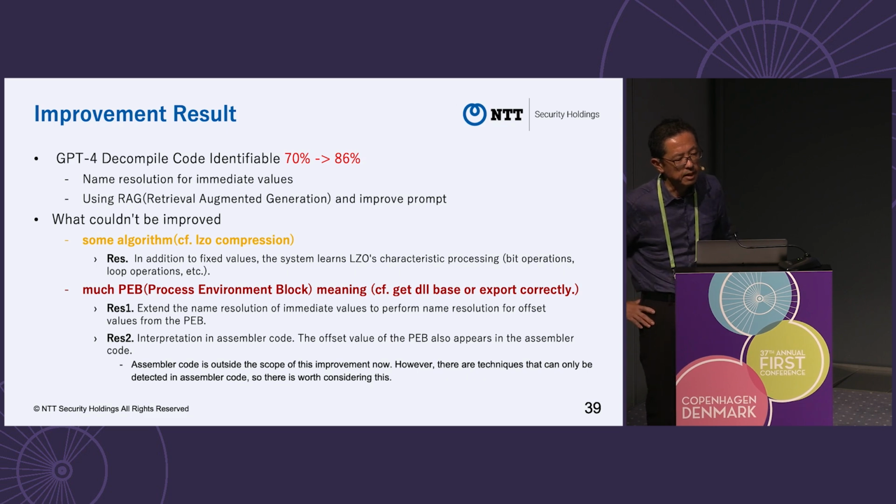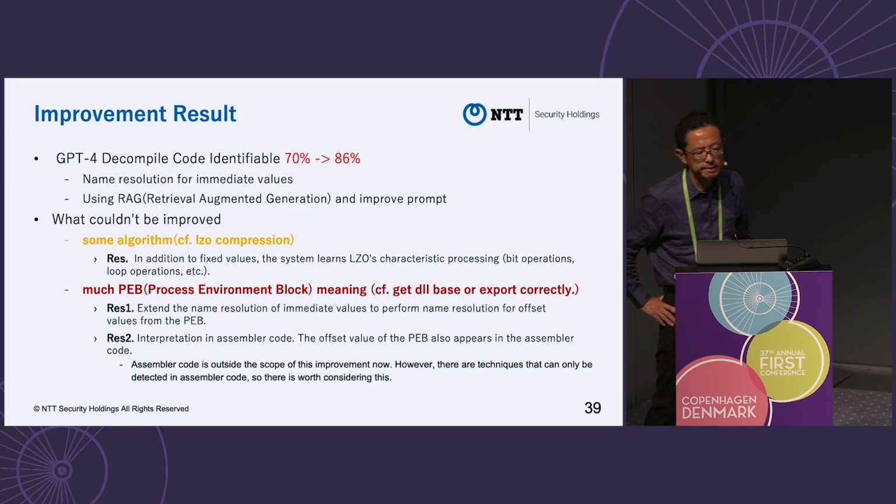So this is the improvement result. With this improvement, the identifiable rate went from 70% to 86%. But there are two things we couldn't improve.